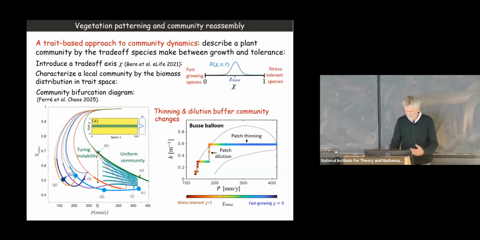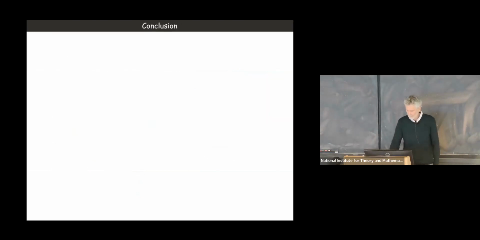So what we have here is that thinning and dilution buffer community structure changes over a wide precipitation range. This is due to what we call the spatial plasticity of patterns, the fact that patterns easily change, whether the patch size changes or the number of patches changes. Okay, let me conclude.